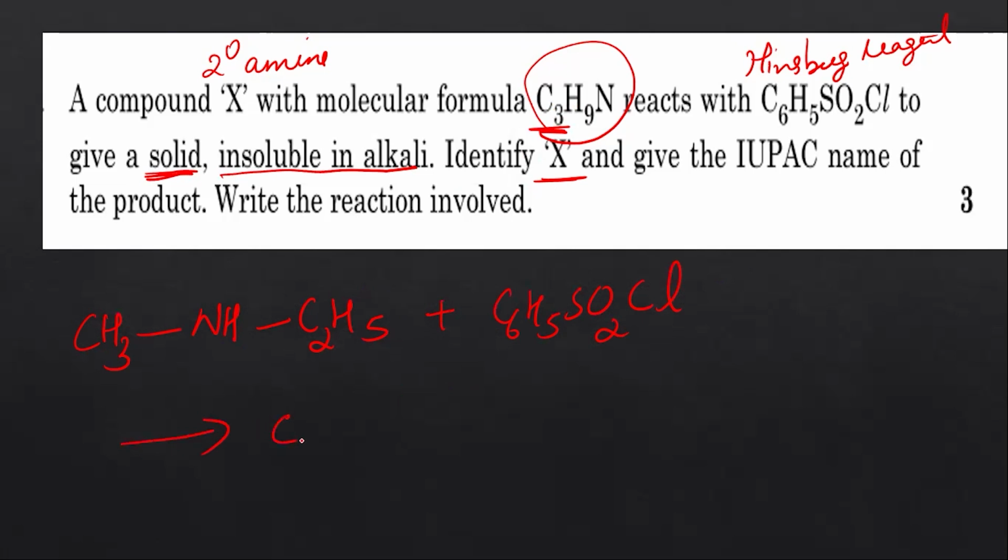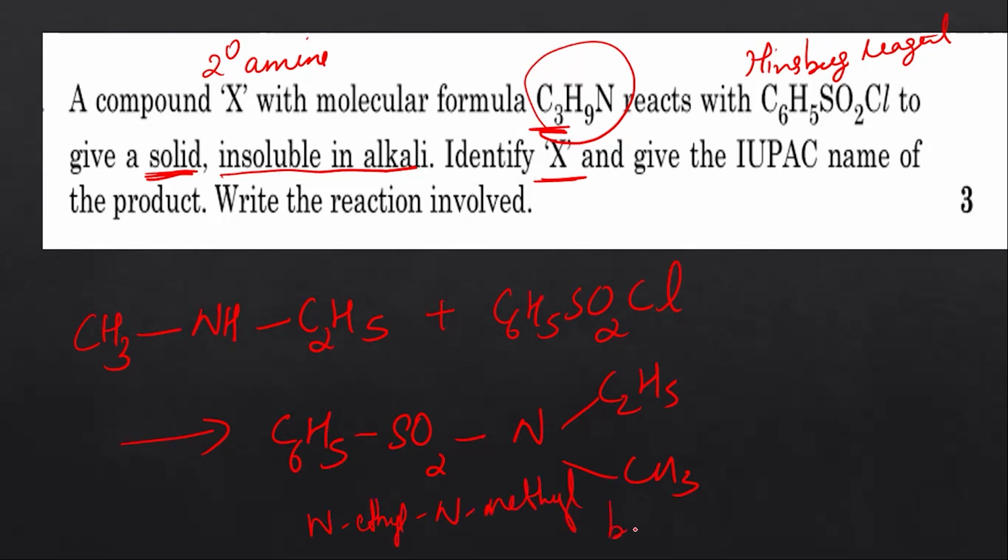C6H5SO2N(C2H5)CH3. So this product is N-ethyl-N-methylbenzenesulfonamide.